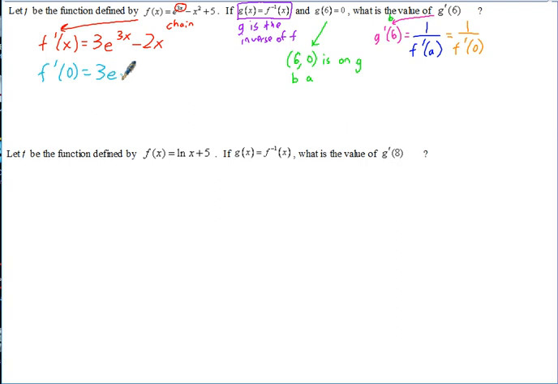So it'd be 3e to the 3 times 0 minus 2 times 0. But that becomes e to the 0. E to the 0, remember, is just 1, minus 0, so you get 3. So f prime of 0 is 3. So g prime of 6 is 1 over f prime of 0, which is 3, so 1/3.